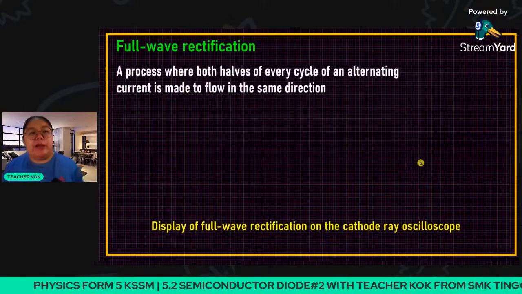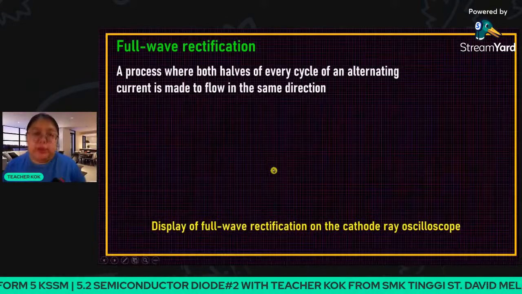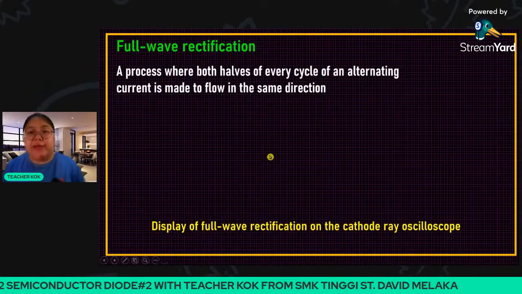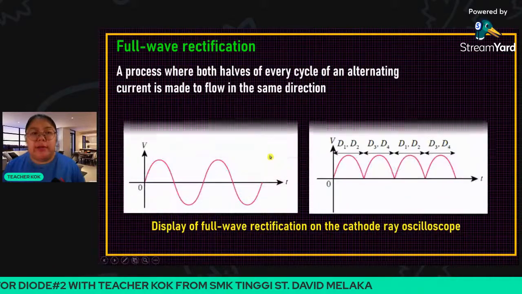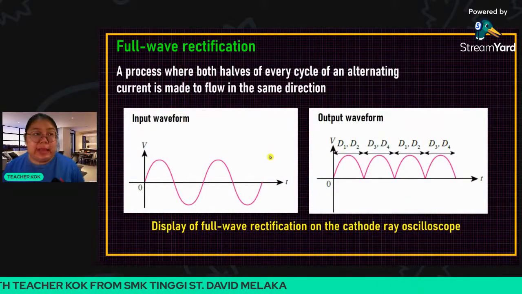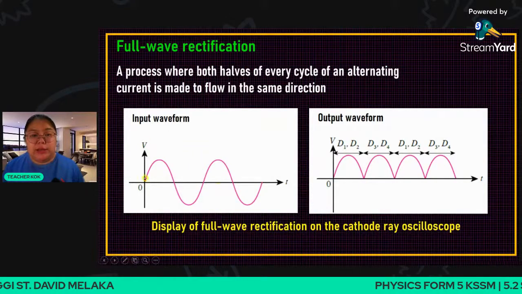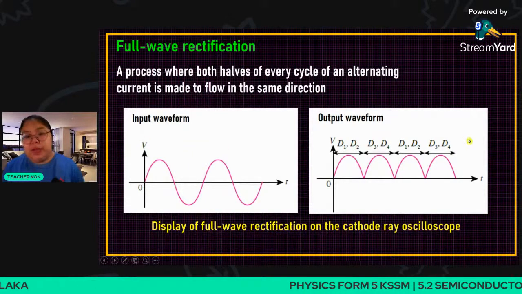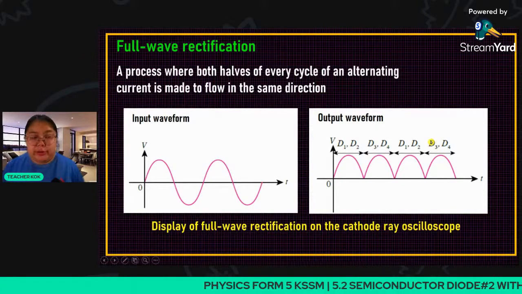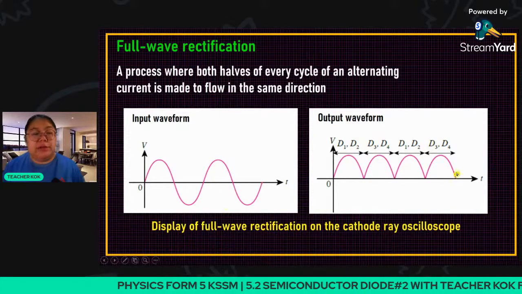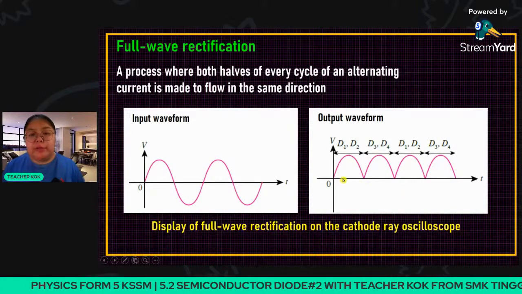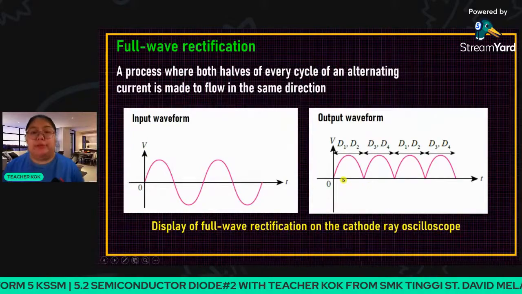Okay, full wave rectification is a process where both halves of every cycle of the alternating current are made to flow in the same direction. So that means you convert this alternating current into direct current. You can see the graph, there's a difference. All above means the direction is the same already.